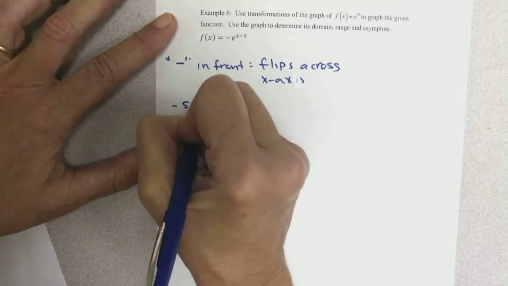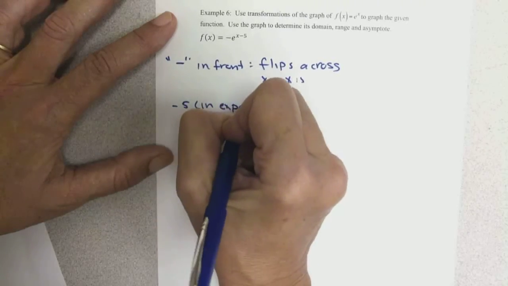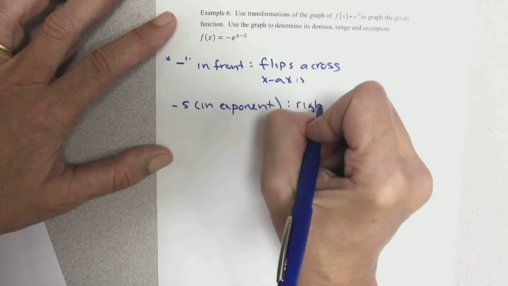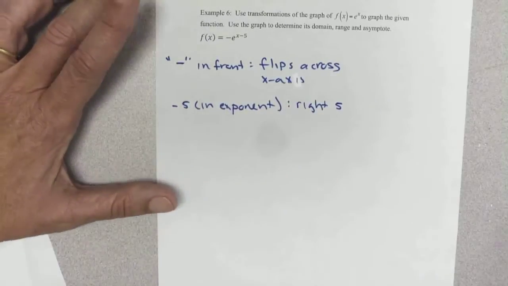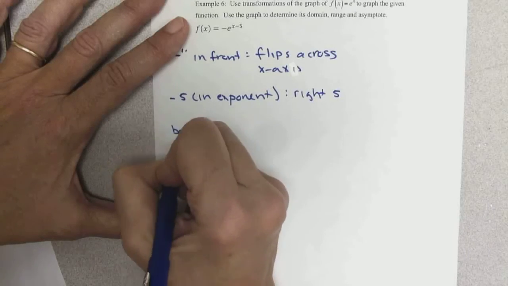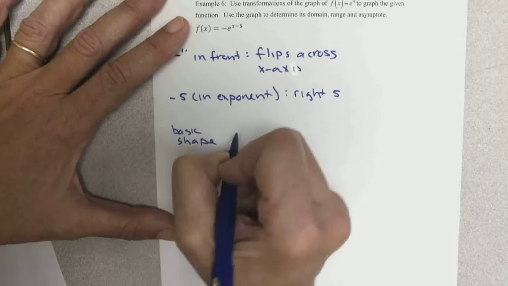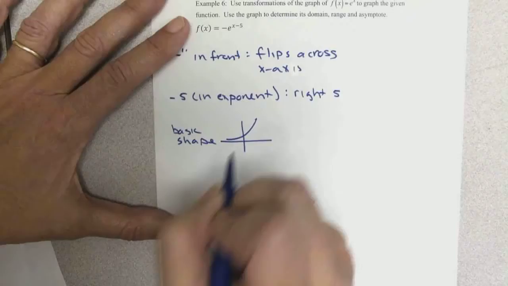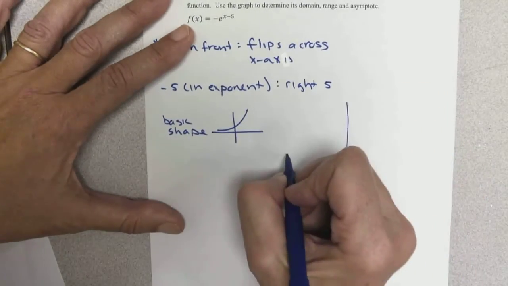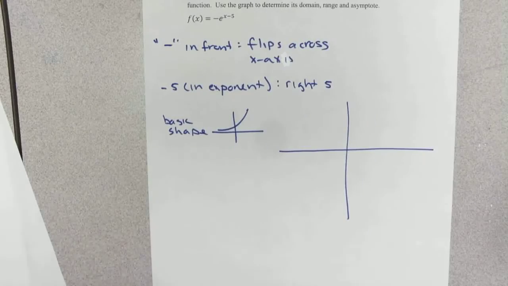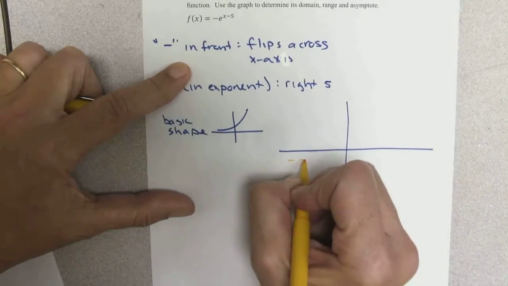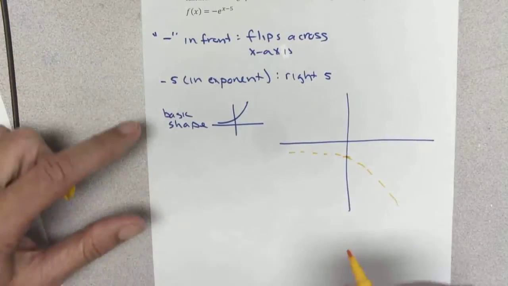The -5 in the exponent, that's horizontal, so it goes opposite to what you'd expect: right 5. So remember my basic shape, what some books, some videos call the parent shape, was that. So we're just going to do what we need to do. So we're going to flip it. Flipped. There's my flipped shape.